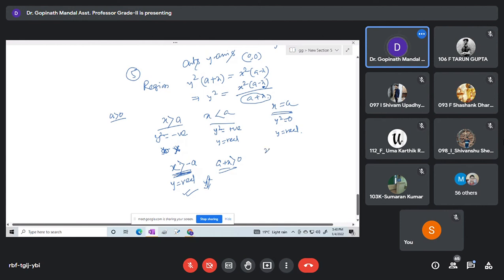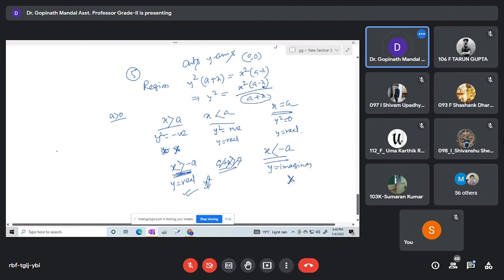And if x is less than minus a, then x plus a is less than 0, negative. So y square is also negative, y is imaginary, and we cannot consider that case.